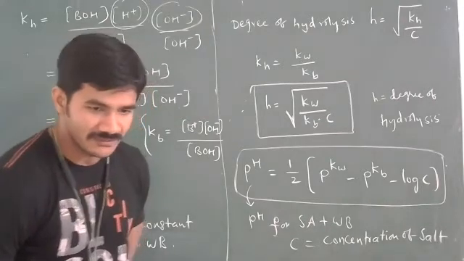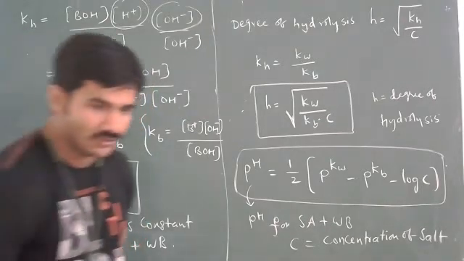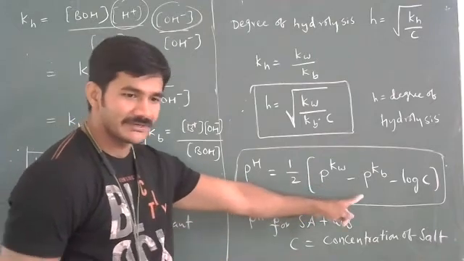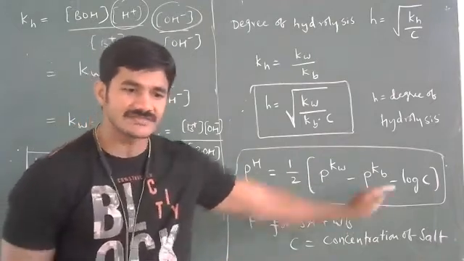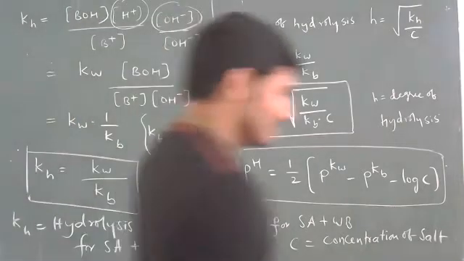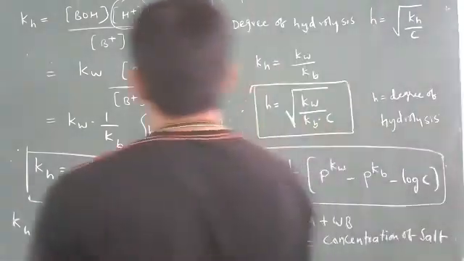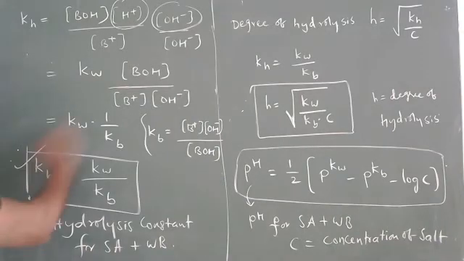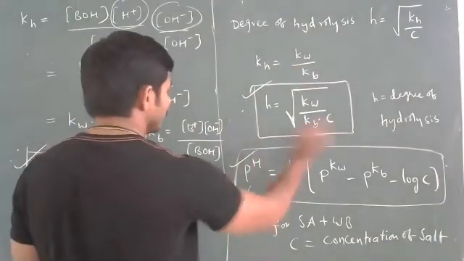Don't write negative for pKw; write the negative only for pKb and log C. So this is about the salt of strong acid, weak base. Here also you should remember the KH formula, h formula and pH formula.